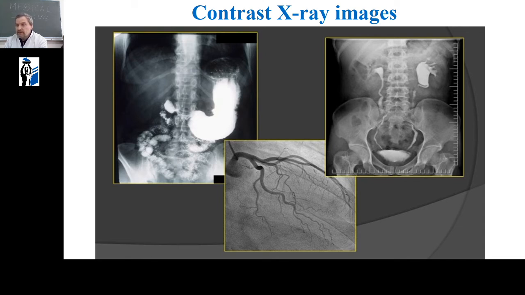On the right, a contrast study of the urinary tract, excretory urography. We see a contrast in the cup-pelvis system and a significant change in the phase of discharge on one slide. In the center is a coronarogram, examination of the patency of the heart vessels using a contrast agent.